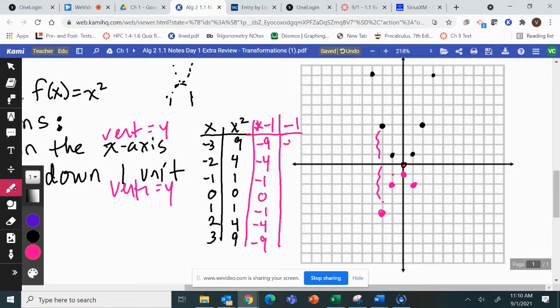So then I become -10, -5, -2, -1, -2, -5, -10. So then from there, I can get these points. Instead of just trying to figure them out on the graph, I can actually get the ordered pairs 3, -10, -3, -10, -2, -5. So I can get those by using my outside numbers.